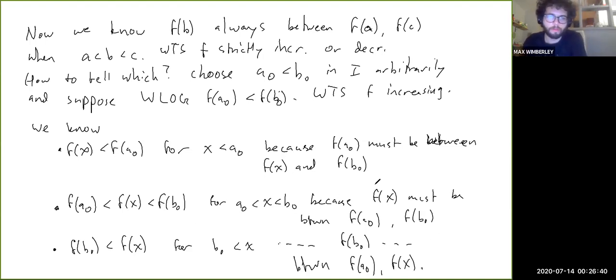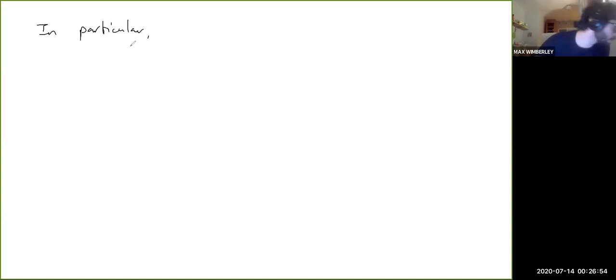So basically we're just building up these inequalities. And then they say, so in particular, f of x less than f of a naught for all x less than a naught.